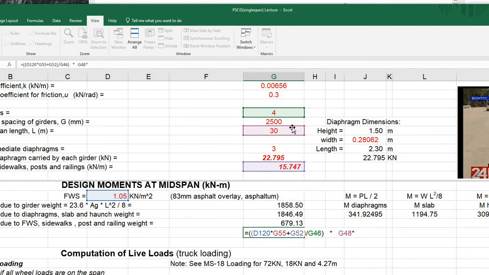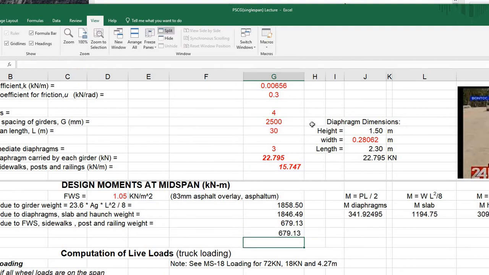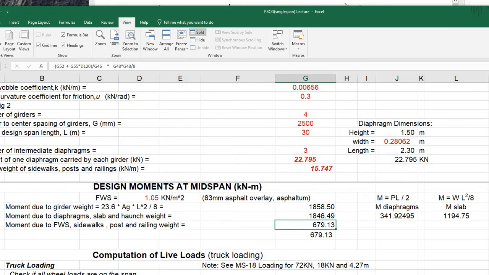Times 30 divided by 8. Yan. So, yan yung equation para makuha yung moment due to future wearing surface, sidewalks, post, and railing weight. And then, next, punta na tayo sa computation of live loads.